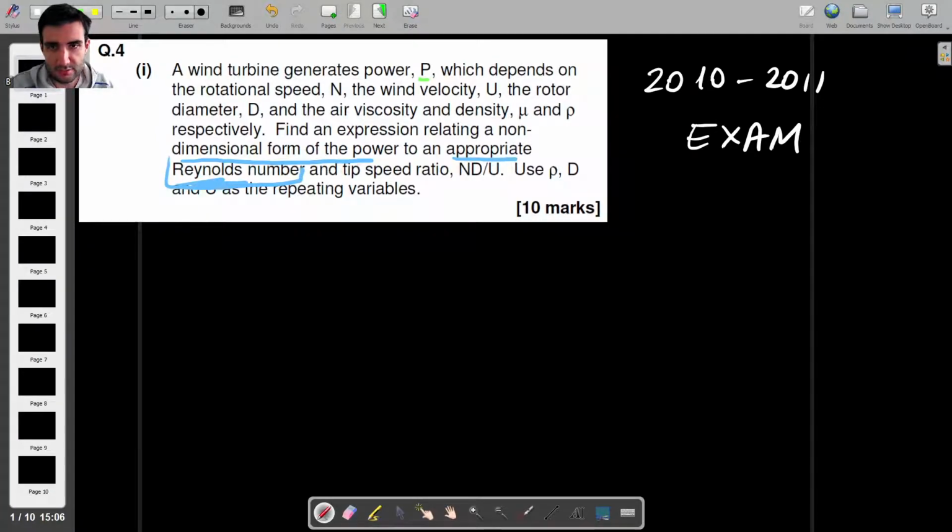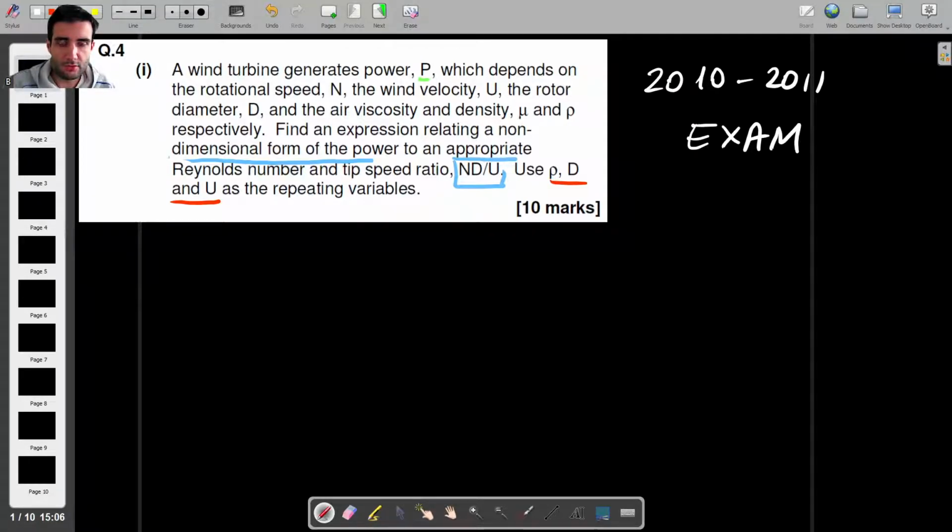So we have Reynolds number and tip speed ratio, and D over U. Okay. The next part says use rho, D, and U as the repeating variables. So the question actually gives us a few hints regarding what to use and how to solve this.